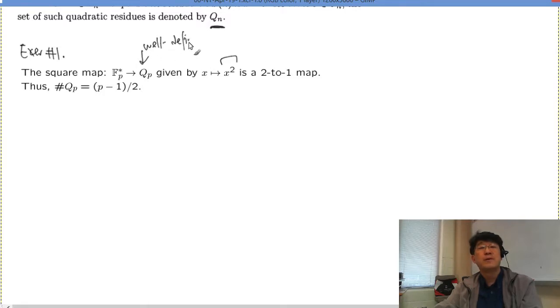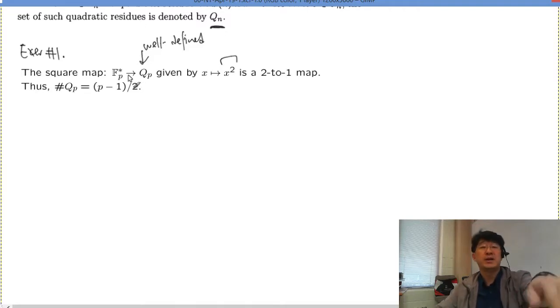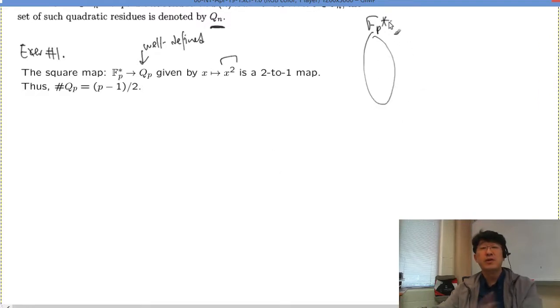That's what I meant. There are two different meanings of well defined. Here it's the very simple meaning: our codomain is correctly set up. What does it say? It's a 2-to-1 map. That means you have F_p star and you list them 1, 2, all the way up to what? P minus 1, right? So if you square 2, where does that go? 4, right?